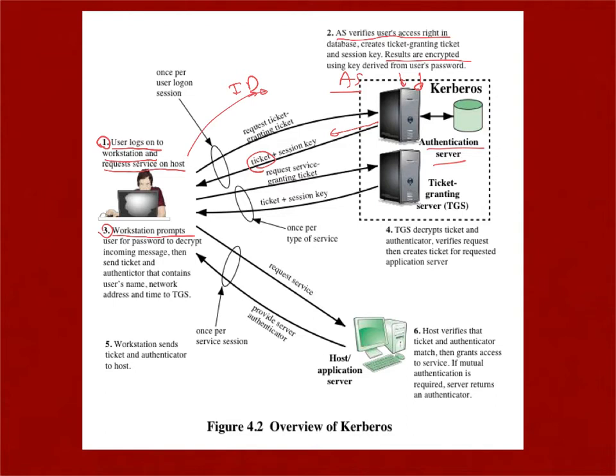So the workstation prompts the user for the password to decrypt the incoming message. If you have the right password, you know the key that I have used to encrypt that message, so you can open the message and know what's inside. What's inside is the ticket, which grants you access to the system, not to a service.